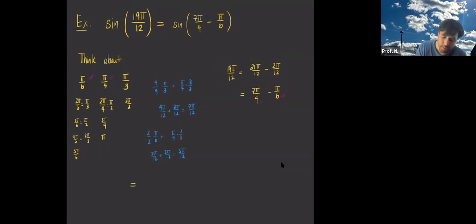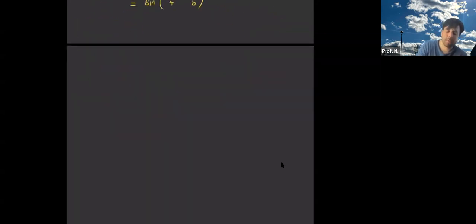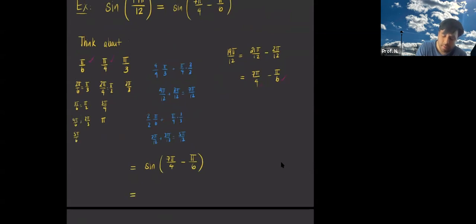So let's find it. What's sine of 7 pi over 4 minus pi over 6? Well, I have A and B, don't I? So then I have to use my formula for sine.